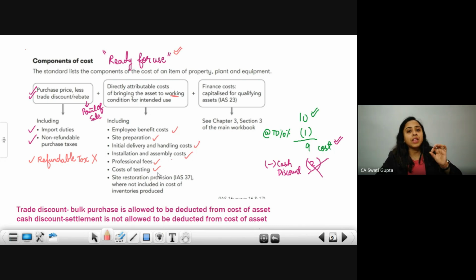At what point is the machine performing at its best, producing very well. You make some sample testing. Once you're clear that the sample is up to the mark, it has passed all the quality checks, only then do you go ahead with mass production. Got it? So this is known as testing. Cost of testing is also super important in order to make sure whether the machine is in a condition ready for use or not. Everybody clear?